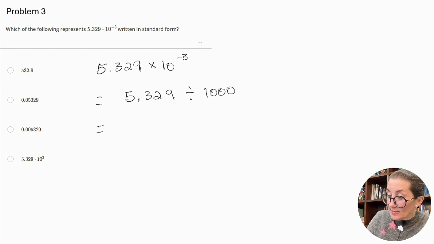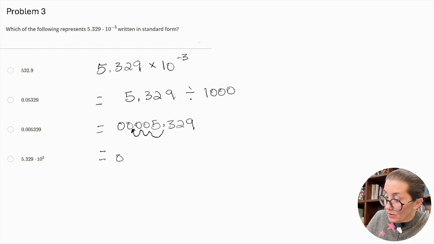So let's get some zeros in front of this. 5.329, and we're going to divide it by 1,000. So we take the decimal, 1 place, 2 places, 3 places. So the decimal goes there. So that is equal to 0.005329.